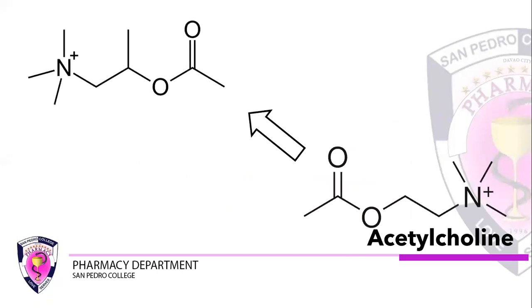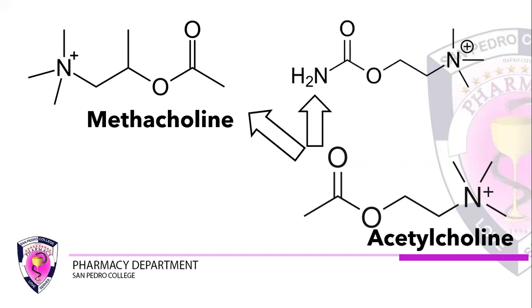From the structure of acetylcholine, it is changed. The initial modification, the addition of a methyl group at the beta carbon, is called methacholine. Next, the alteration of the acetoxy group to a carbamate group resulted in the drug carbachol.